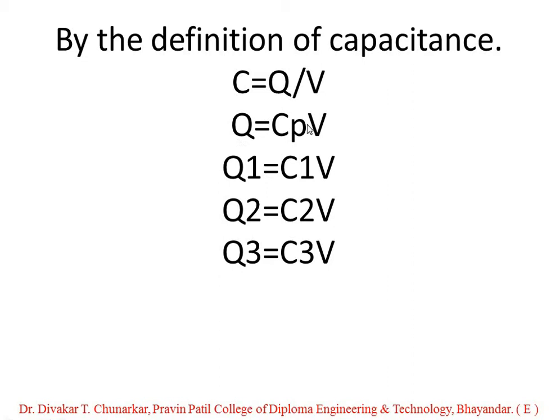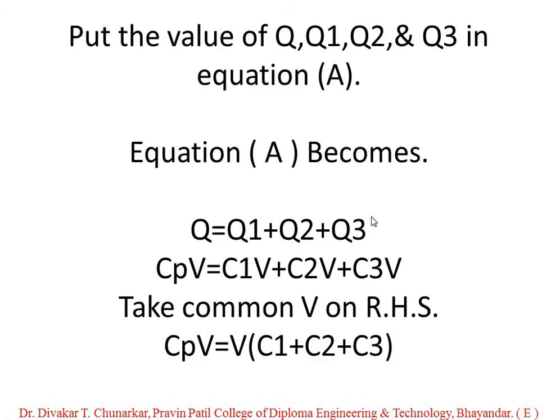So Q equal to CpV, Q1 equal to C1V, Q2 equal to C2V, and Q3 equal to C3V. These four equations we have to put in the equation Q equal to Q1 plus Q2 plus Q3.